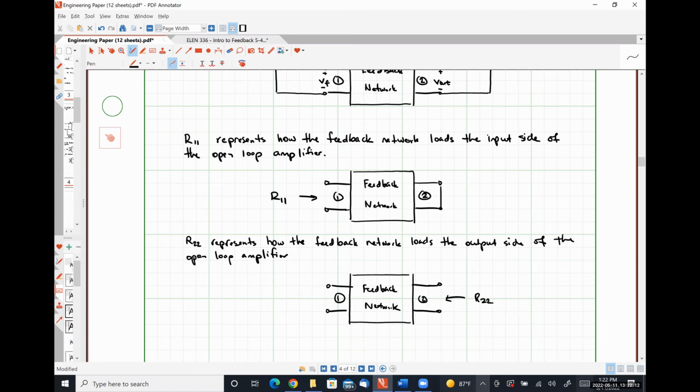So to determine R11, we look into port 1 with port 2 short circuited. To determine R22, we look into port 2 with port 1 open circuited.